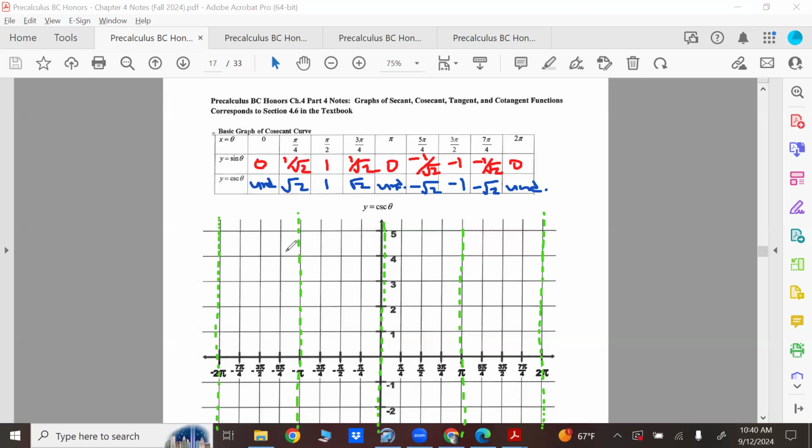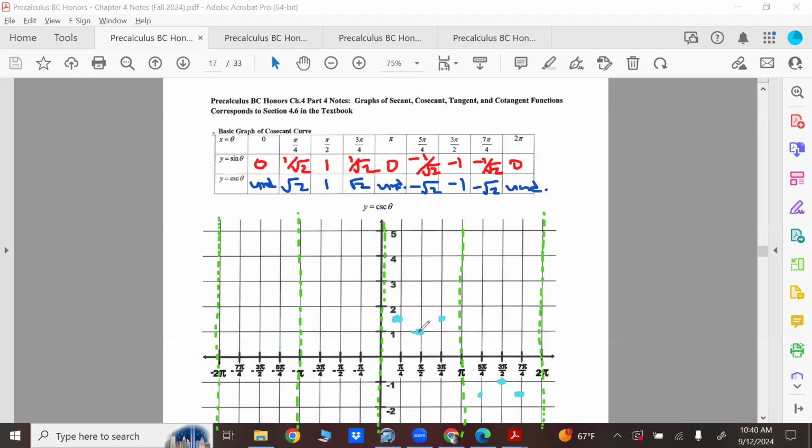So I'm doing asymptotes because it's undefined at those places. Now, if I plot pi/4, what's √2 roughly? Yeah, 1.4, right? And pi/2, 1. And 3 pi/4 also √2. Then here, 3 pi/2 is -1. 5 pi/4 is -√2. 7 pi/4 is -√2.